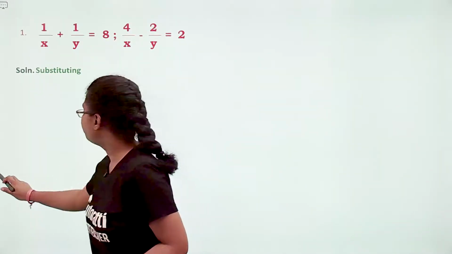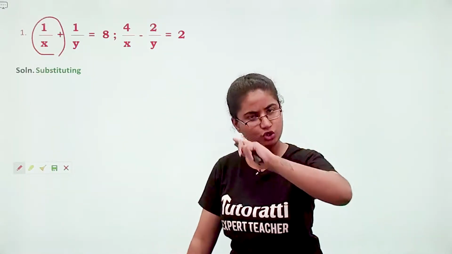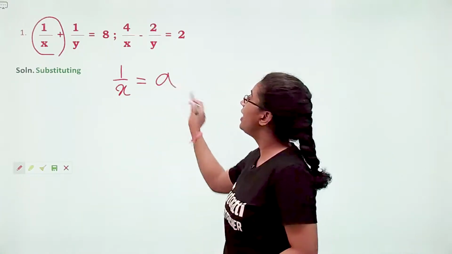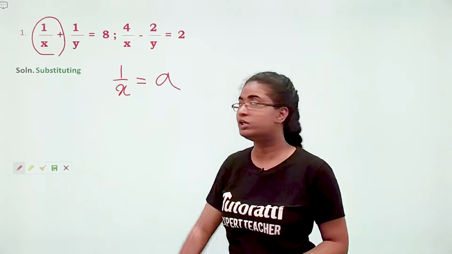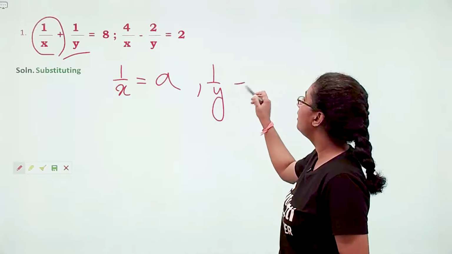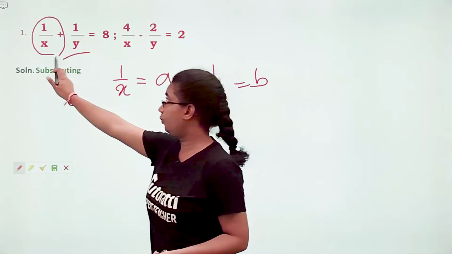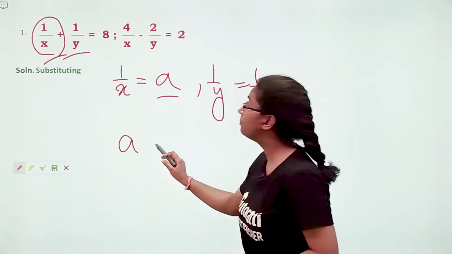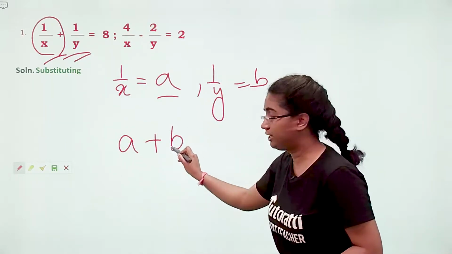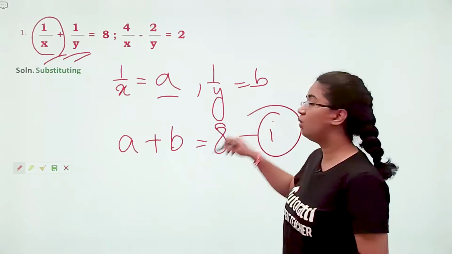What we can do is, see, we have 1/x. अगर मैंने इसको निकाल दिया पूरा का पूरा and मैंने 1/x की जगह पे a लिखा, then I have 1/y and मैंने 1/y की जगह पे b लिखा. मेरा first equation क्या बनेगा? 1/x will be replaced by a. You have a plus sign in between. 1/y will be replaced by b is equals to 8. This is my equation 1.